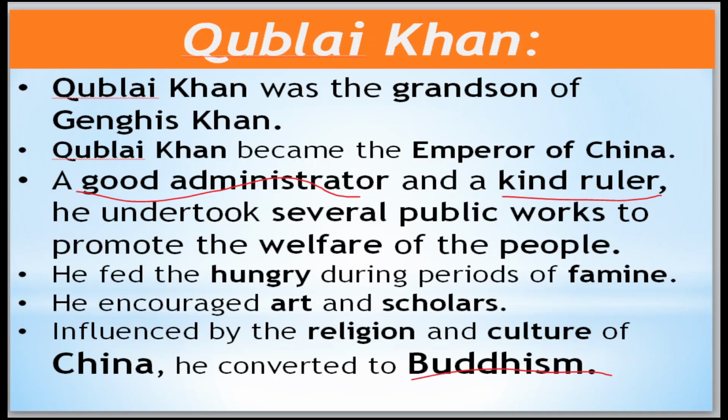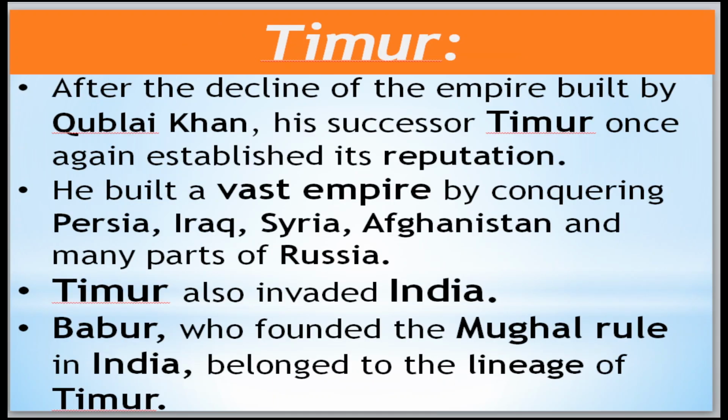After him the Timurs came to power. After the decline of the empire built by Kublai Khan, his successor Timur came to power. He built a very vast empire that included Persia.